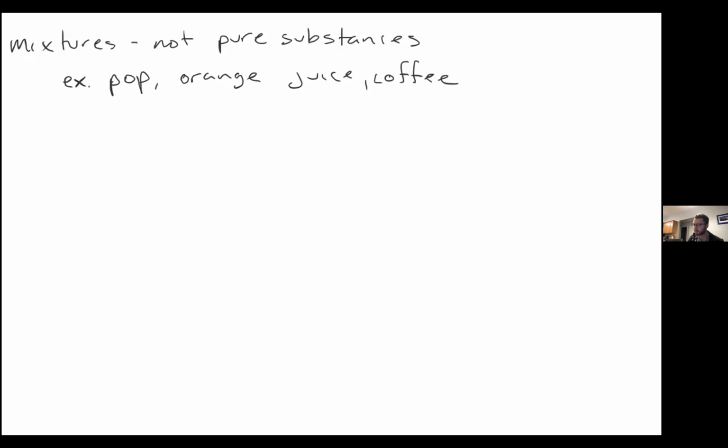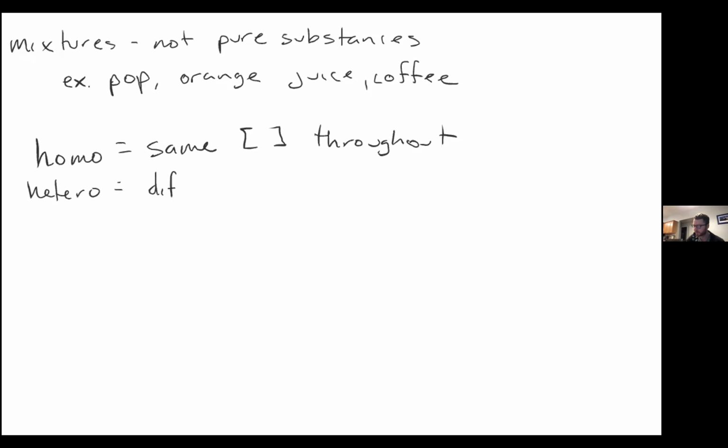We can break mixtures down into heterogeneous and homogeneous mixtures. So remember, homogeneous is same throughout, same concentration throughout. Okay, it's the same. And then hetero is different concentration throughout.